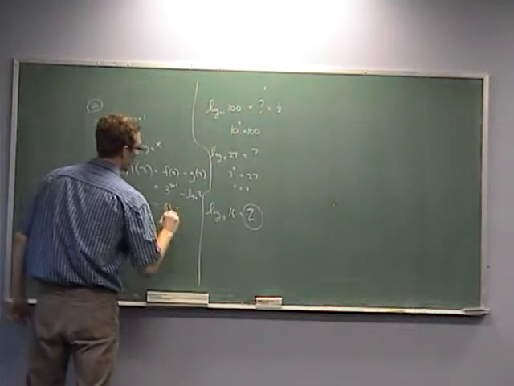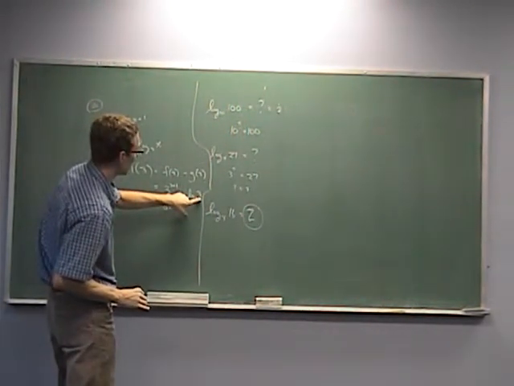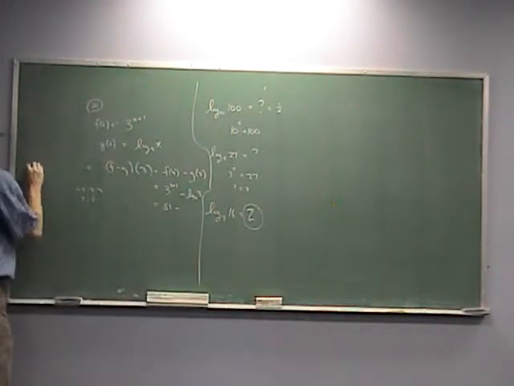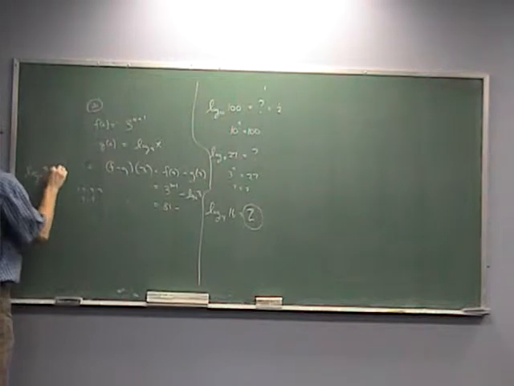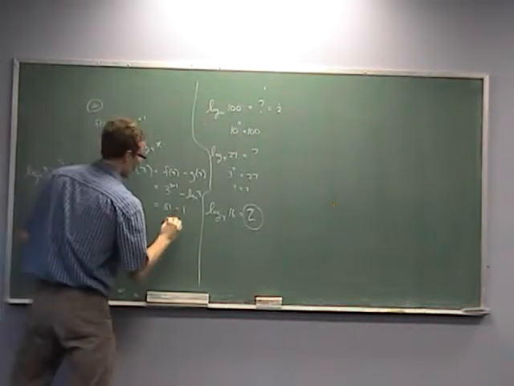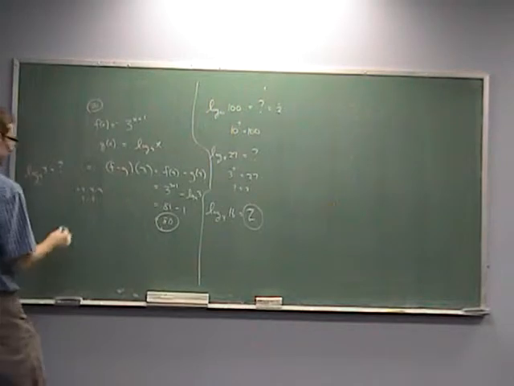And for log base 3 of 3, ask yourself: what power would I have to raise 3 to get 3? 1. Great. So 81 minus 1 gives us 80.